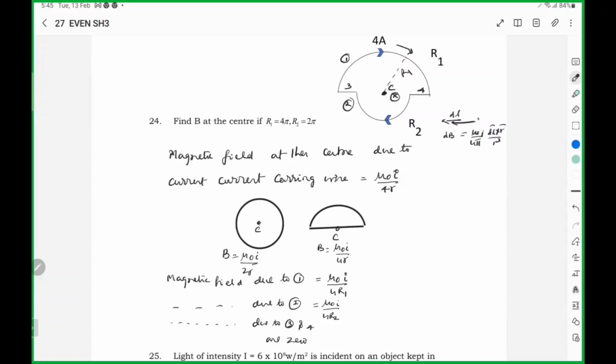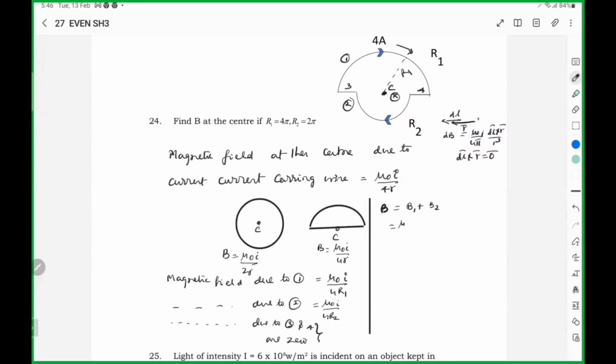When dl and r bar are parallel, dl cross r bar will be 0. For that reason, magnetic field due to 3 and 4 will be 0. So net magnetic field will finally be only due to current carrying wires 1 and 2.